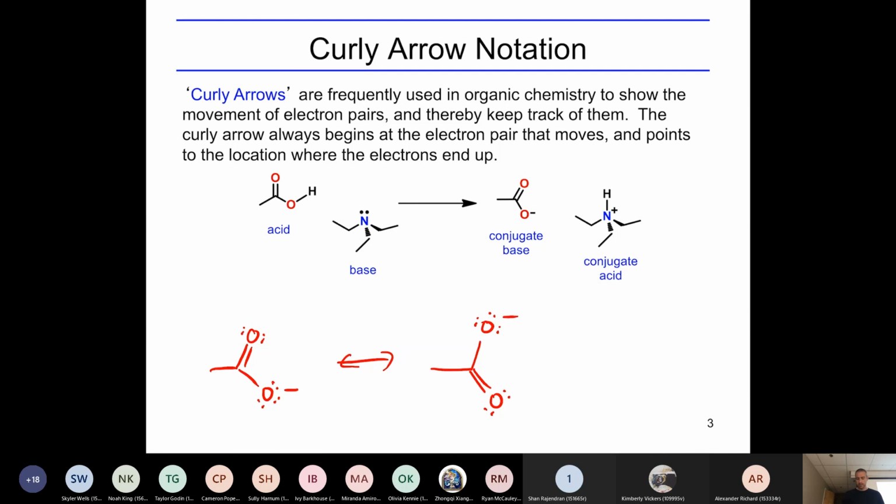This is a resonance form of the carboxylate anion, the conjugate base here. You can use curly arrows to show how the electrons move going from the left structure to the right structure.